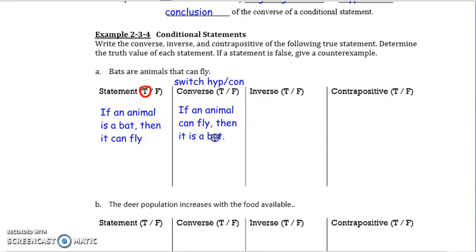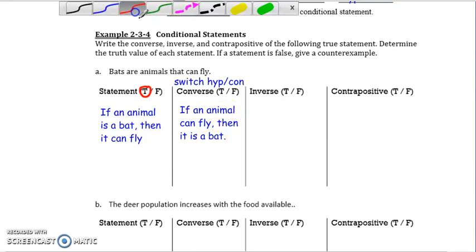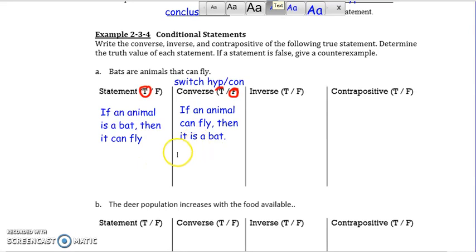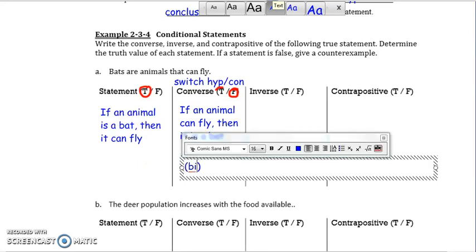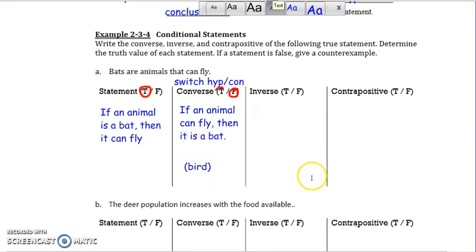There we go. If an animal can fly, then it is a bat. So we just switched the hypothesis and the conclusion. Still an if-then statement. Now, if an animal can fly, is it always going to be a bat? No. What's an example of an animal that flies? False, that is not a bat. How about a bird? So you want to give that counterexample if it is false.